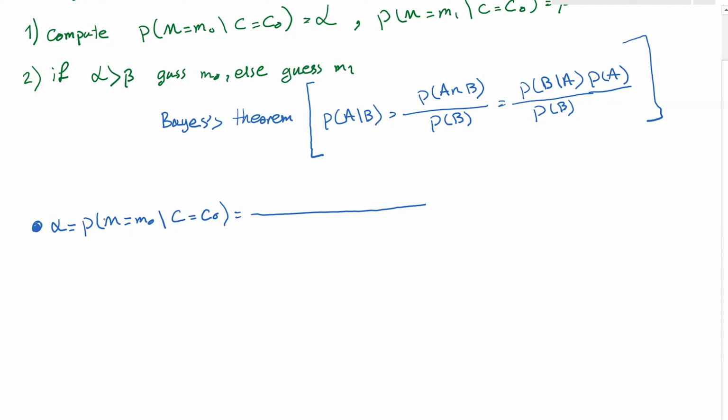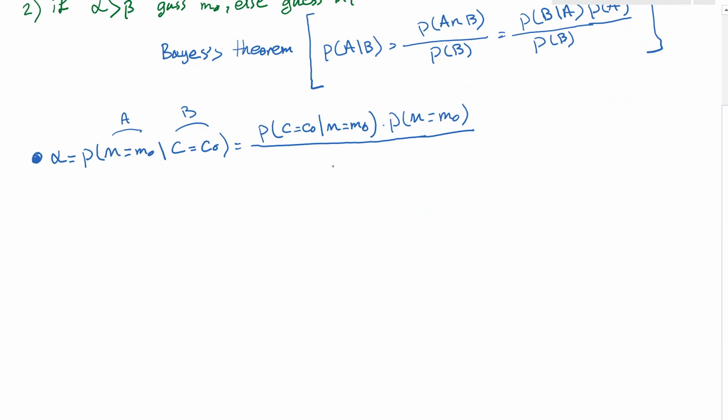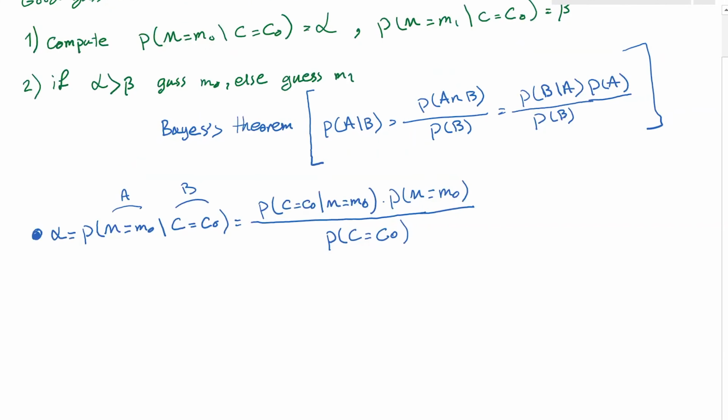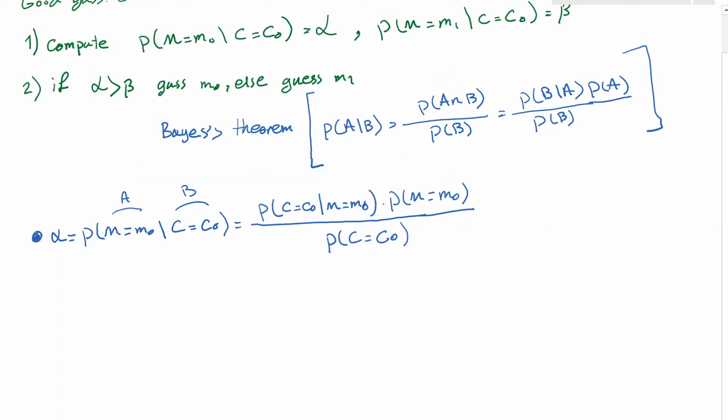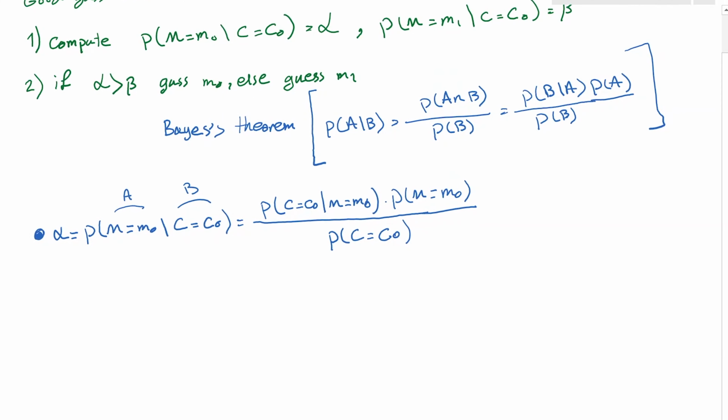Imagine this part is A, and this part is B. So this is going to be the probability of C being C0, given that M equals M0, multiplied by the probability of M being M0, divided by the probability of C equals C0, right? I didn't do much. I just applied the Bayes theorem, and I could rewrite this probability in a different format.